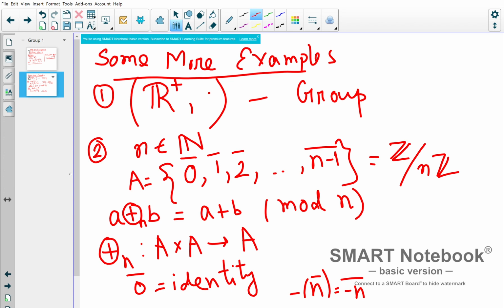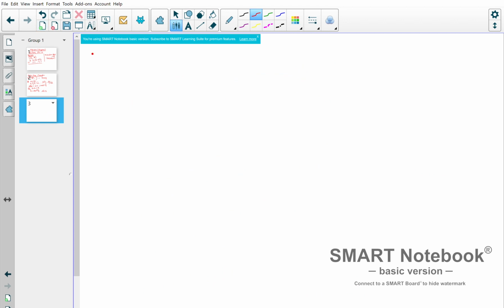So this is also an important example of groups. Again you can do something nicer from here. Let me use the symbol A star.